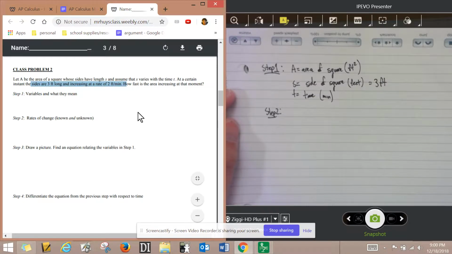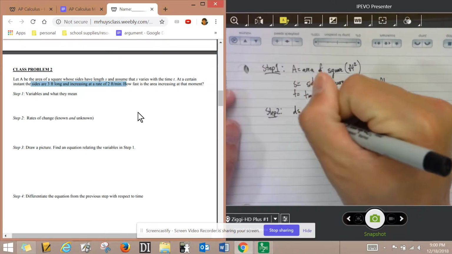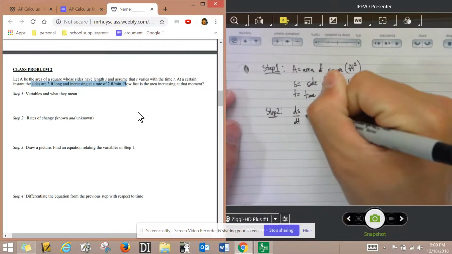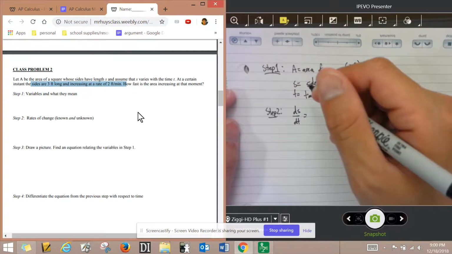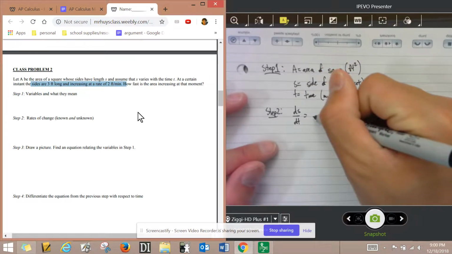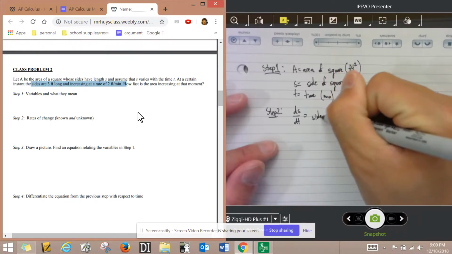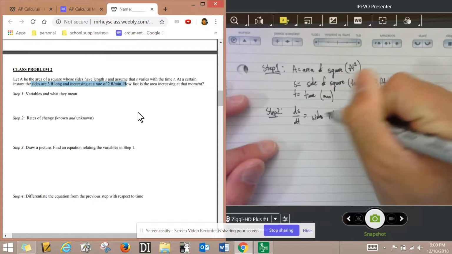So we're looking at how the side changes, ds over dt. And if you want, you can actually write down what that is: the side's rate of change.